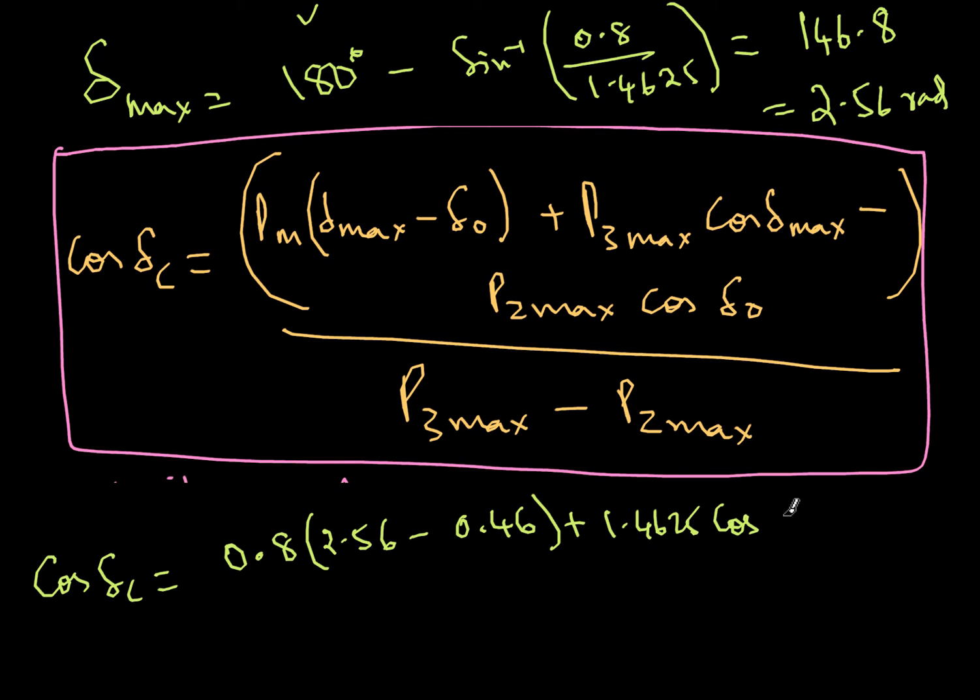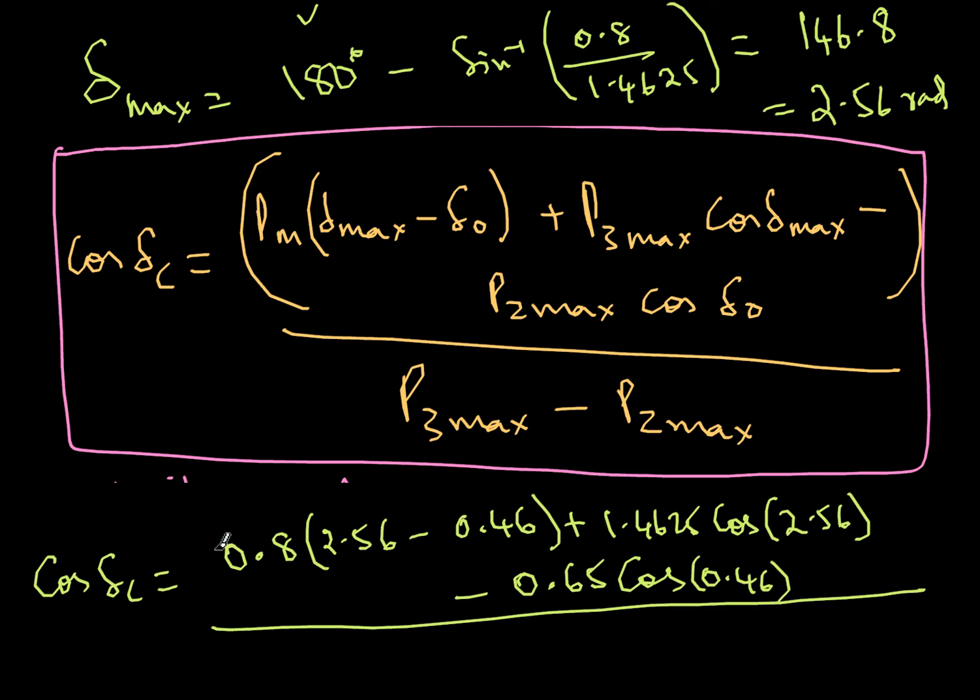So cos of this 2.56 radians, minus P2 max, which is 0.65, the maximum power during the fault, times cos of delta naught, so 0.46. And this whole thing divided by P3 max, 1.4625, minus P2 max, 0.65.